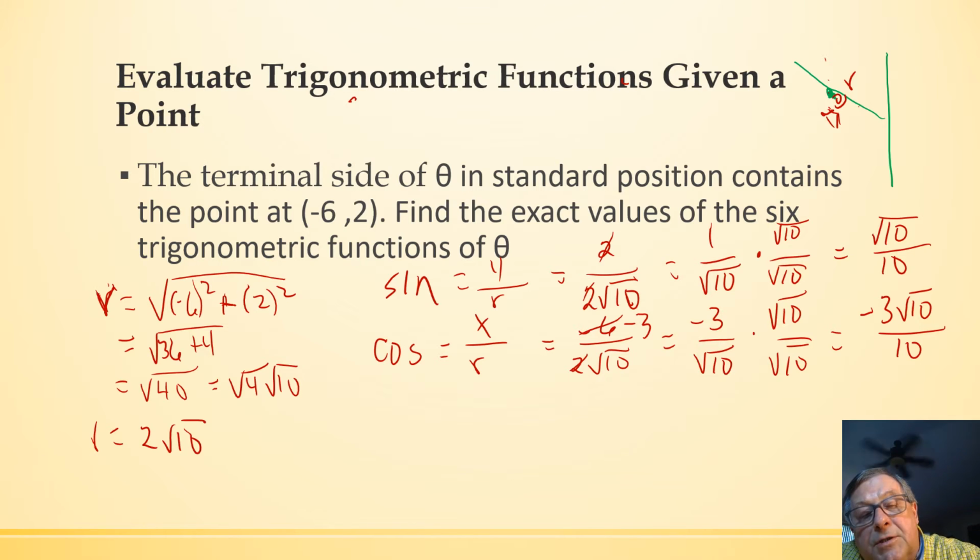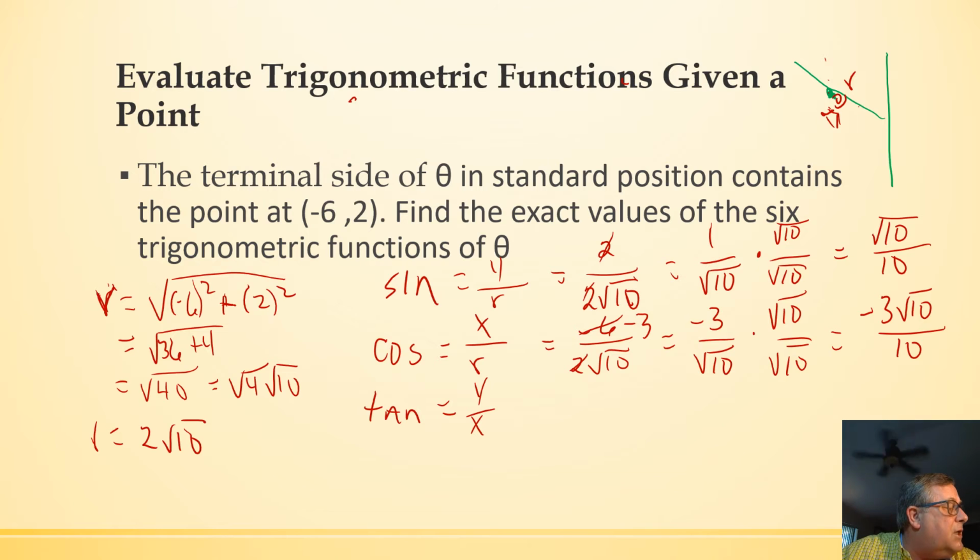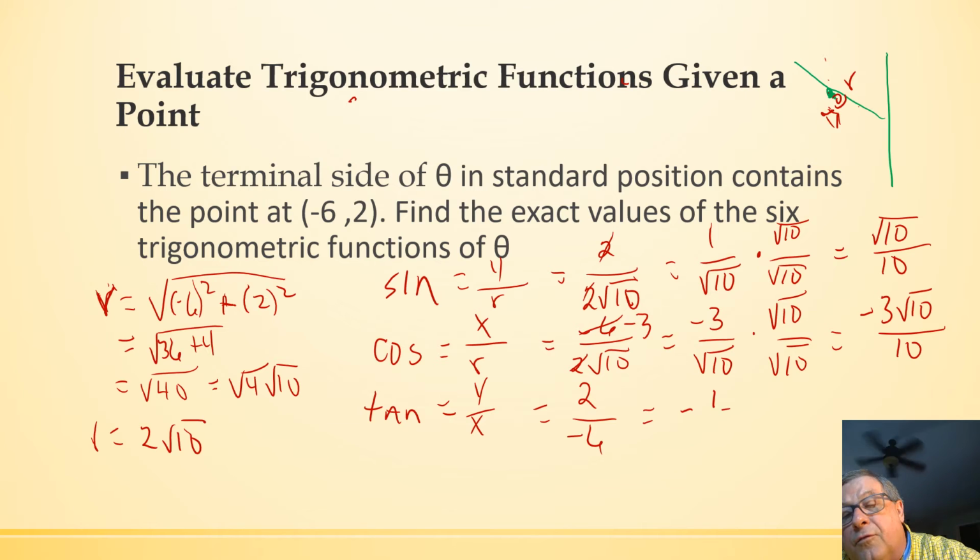What about our tangent? Well, our tangent is equal to y over x, opposite over adjacent. Our y-coordinate is 2, our x-coordinate is negative 6, and that can simplify down to negative 1/3.